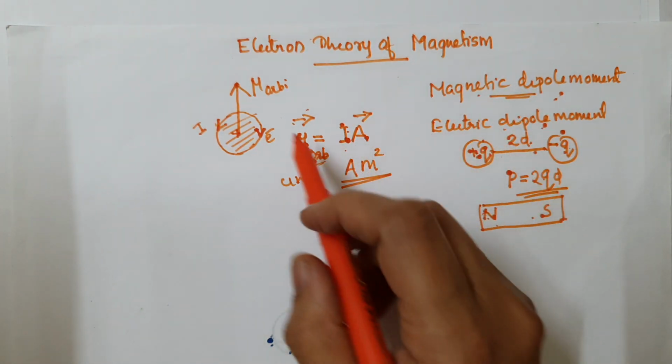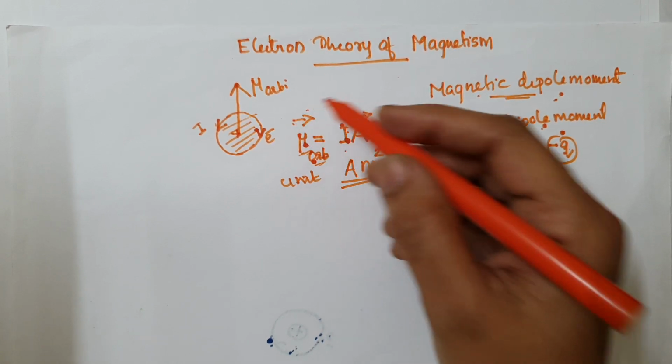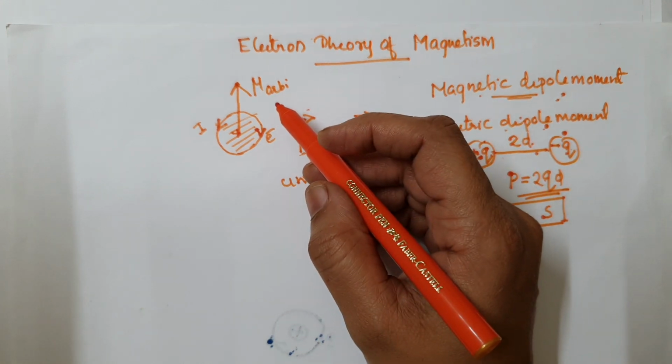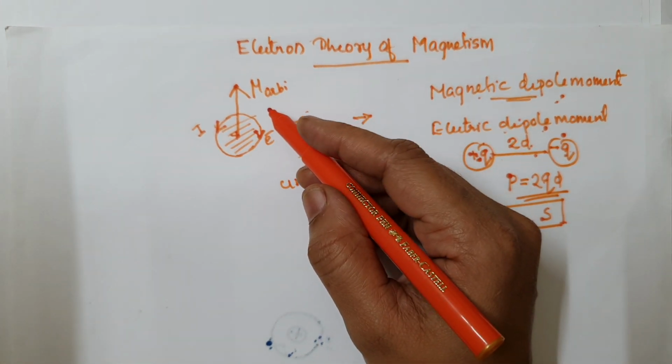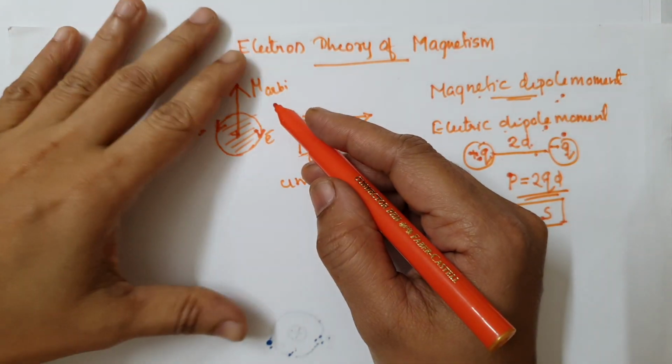Anyway, in an atom, the orbital motion of the electron produces a magnetic moment. In addition to the orbital motion, the electron possesses another motion, called spin motion.